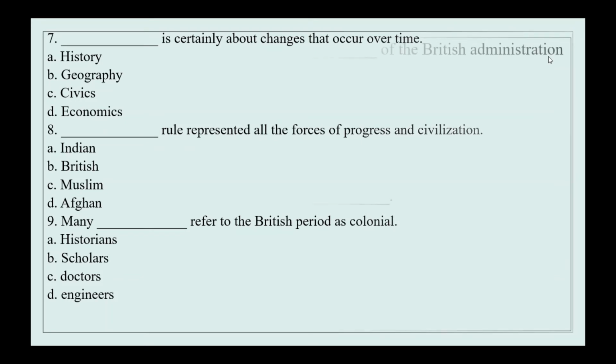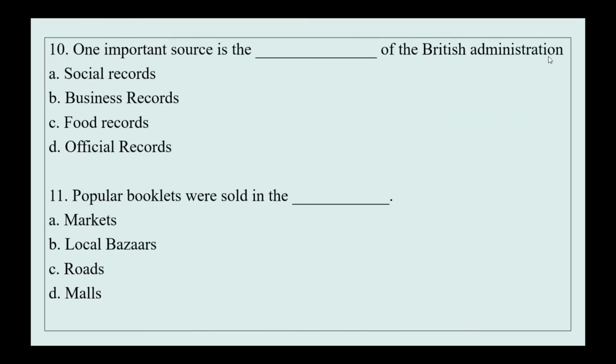Okay. The 10th question is, one important source is the dash of the British administration. Which one is the important source? Option A, social records. Option B, business records. Option C, food records. Option D, official records. Which one helps a historian to write the history? Official records.